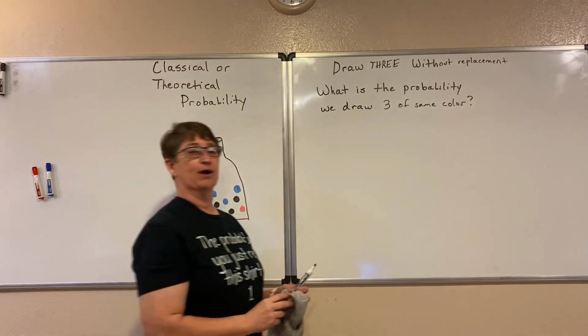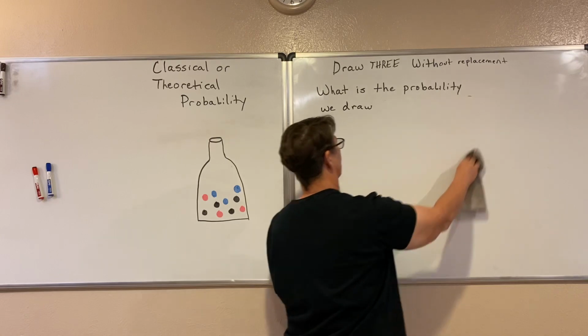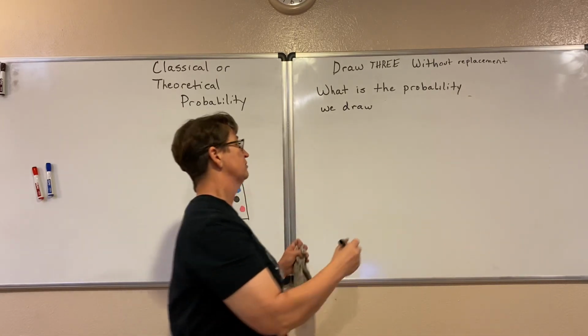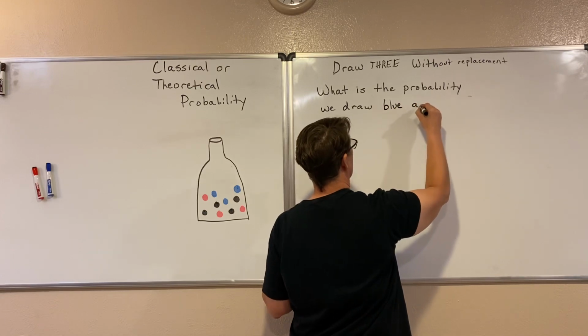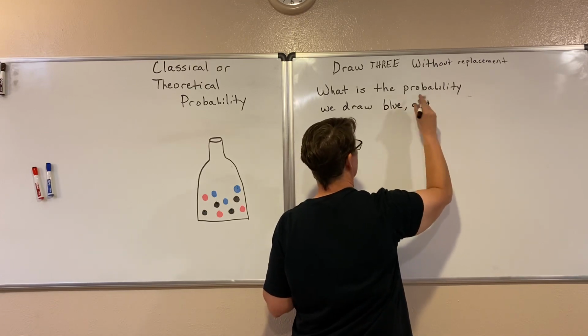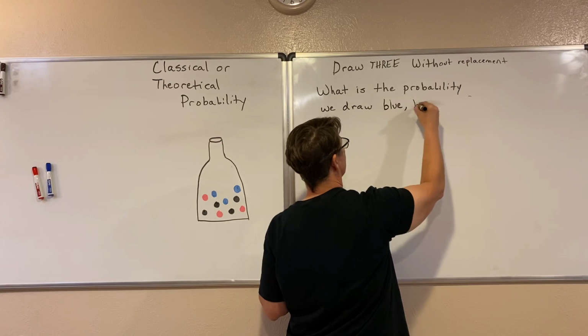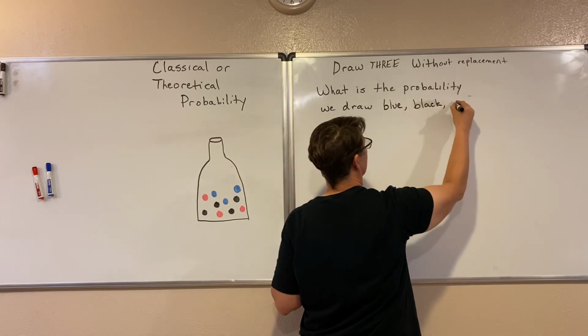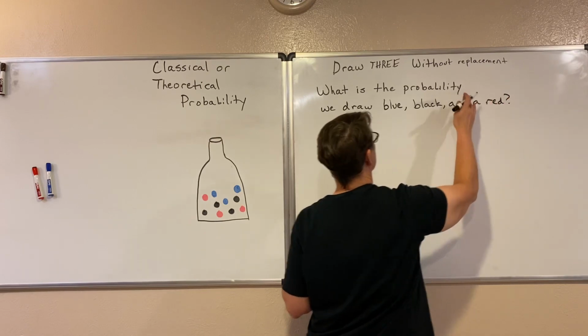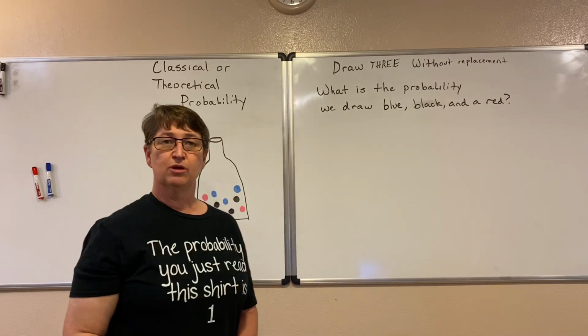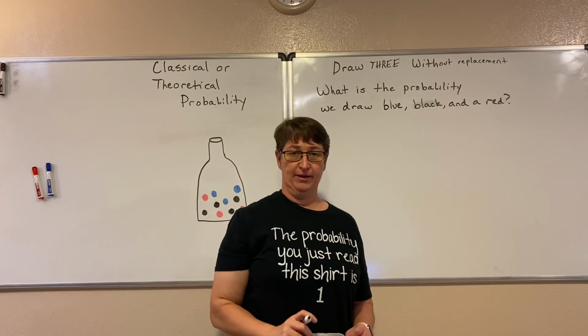Actually, instead of doing that one, let's do this. Let's draw a blue. Let's get one blue, black, and a red. I want to know what's the probability that I get a blue, a black, and a red.